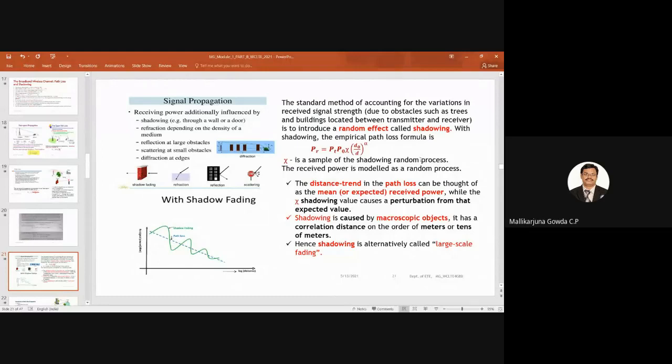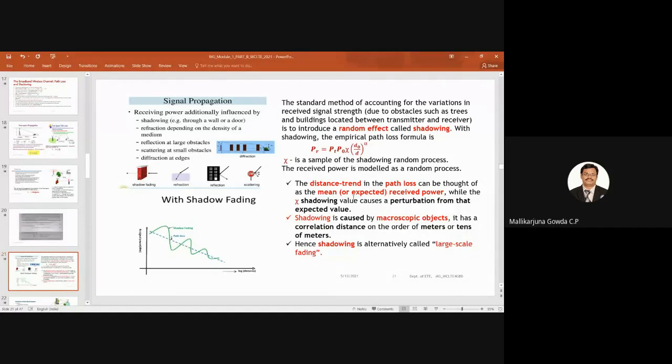In case of path loss, that is basically due to distance between the transmitter and receiver. That is the loss that happens to the received signal. So we think of that as the mean or expected value of the received power.